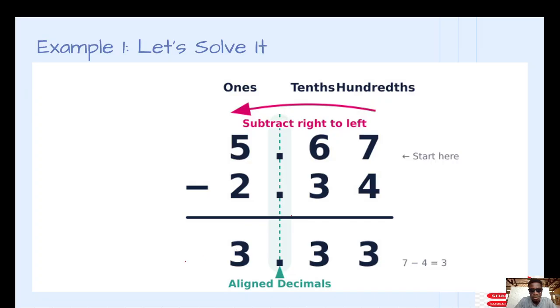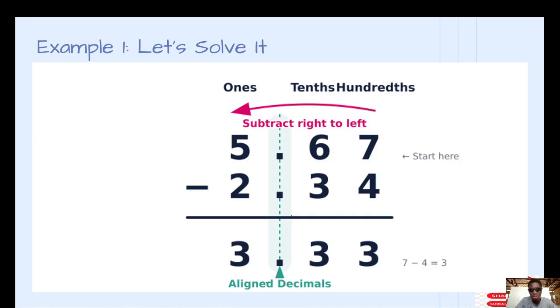Now, we do the alignment. 5.67 minus 2.34. So you start from left to right. Take note of that. To get the right answer, you start from where? Left to right, as you can see in the image on the screen.